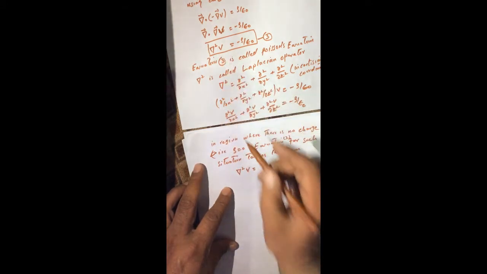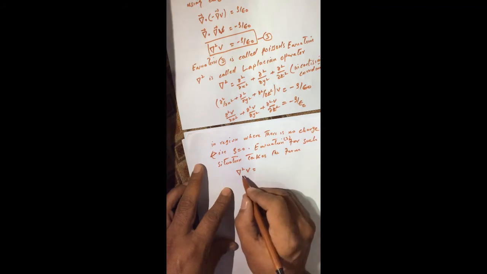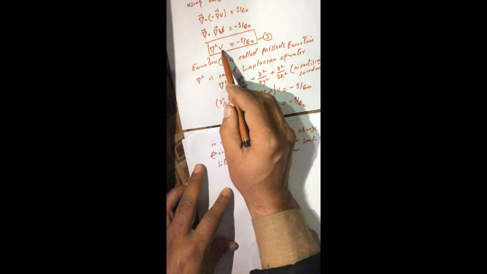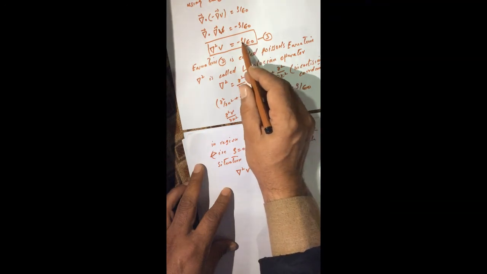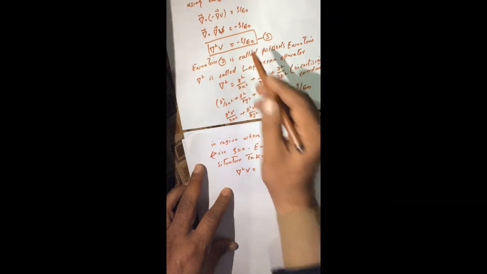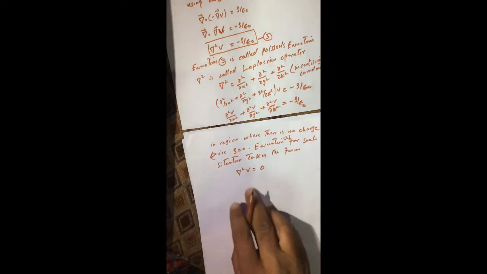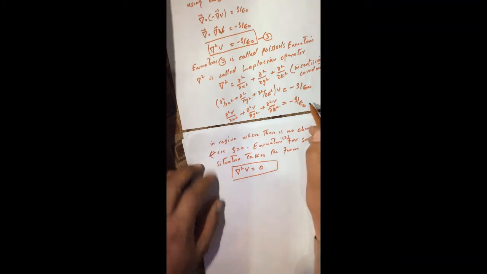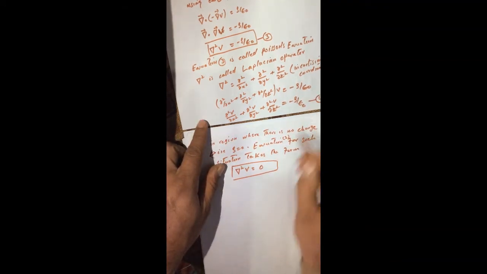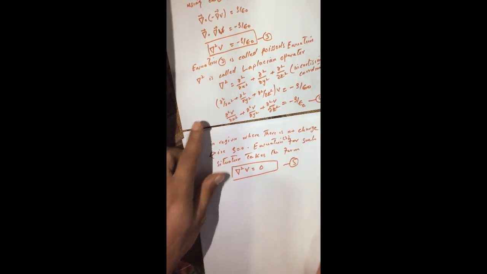Equation 3 is this one: on the left hand side we have del square V, which is equal to, on the right hand side, rho over epsilon naught, while the charge density is 0, so the right hand side is equal to 0. This is equation 4, and I call this equation number 5.